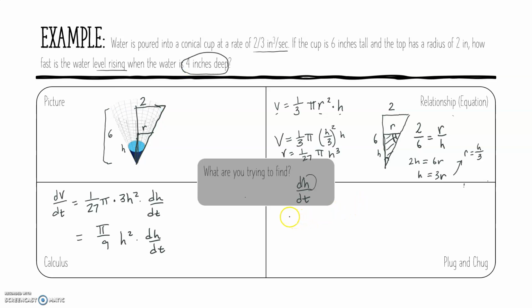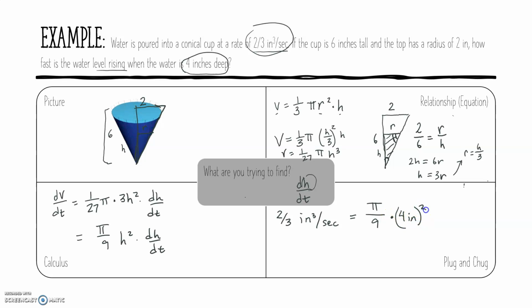So we're going to fill in. And then we also have this piece of information. So dV dt is 2/3 inches cubed per second. And that equals pi over 9 times h, which is 4 inches squared, times dh dt.